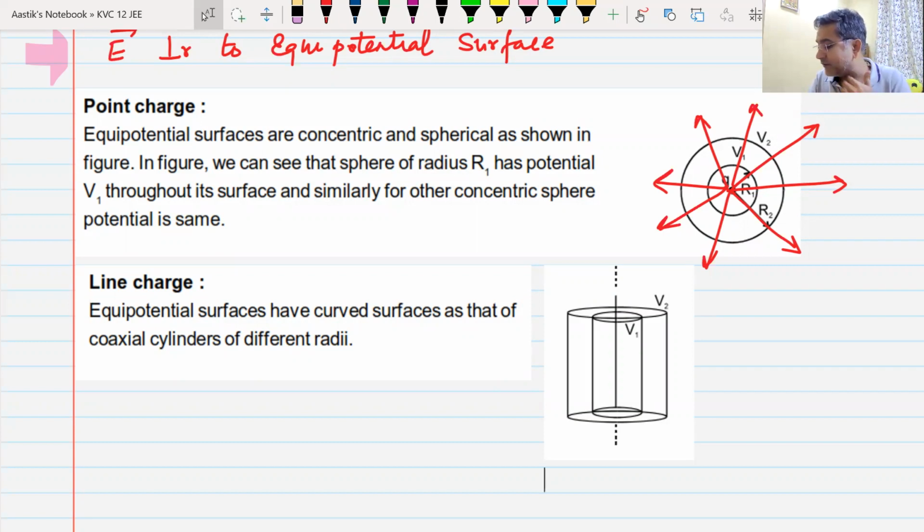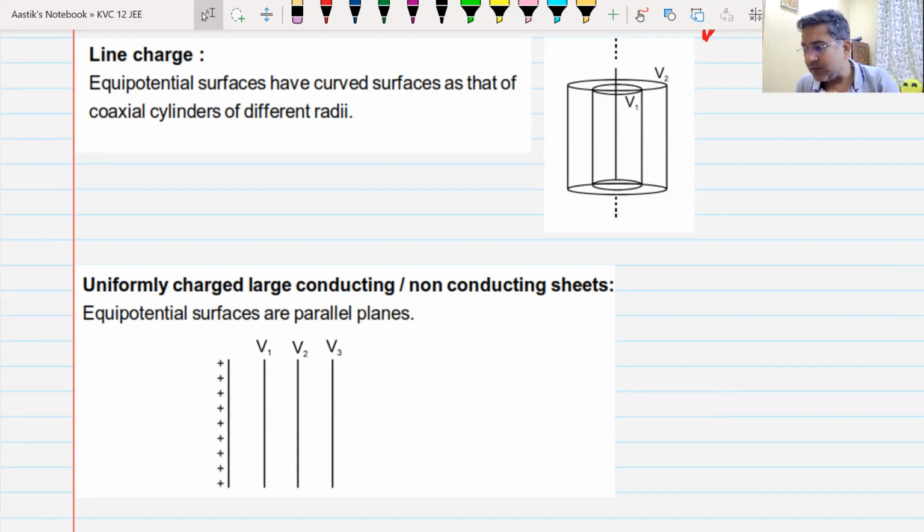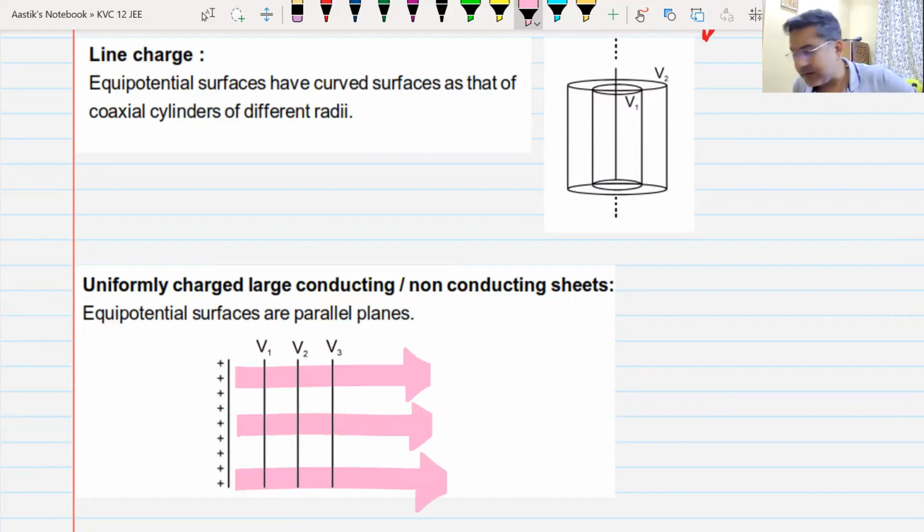For any uniform electric field, or for that matter the field due to an infinite surface charge, which is uniform, wherever you have a uniform electric field, the equipotential surface would be planar.